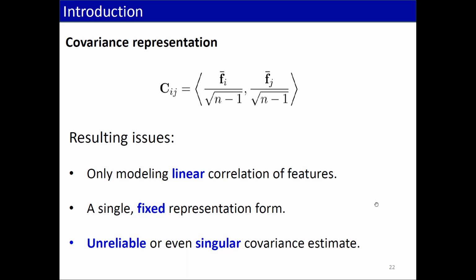Another drawback of the covariance representation is that this expression is fixed, regardless of domain knowledge. And because of the rank deficiency issue, when the number of samples is not large enough, the covariance estimate usually ends up unreliable or even singular.